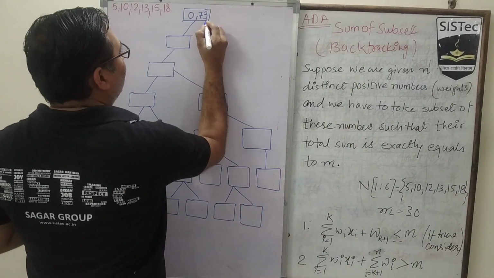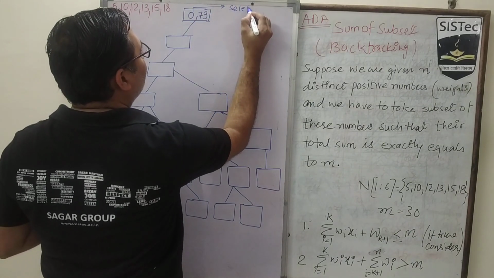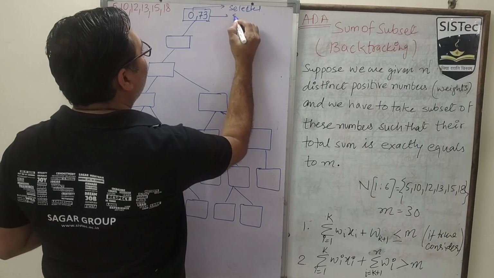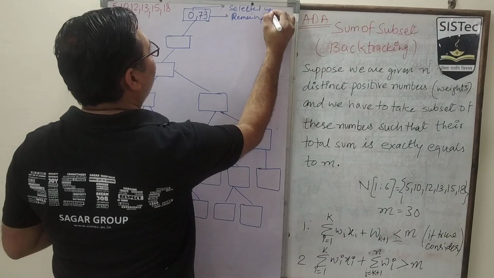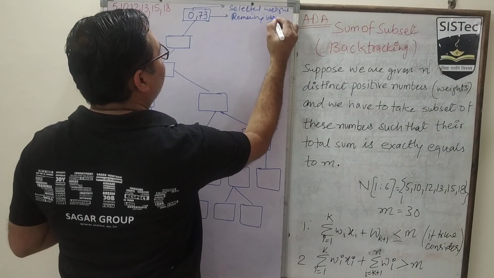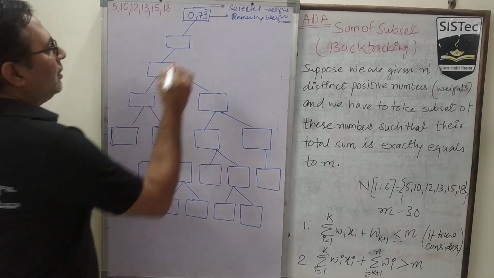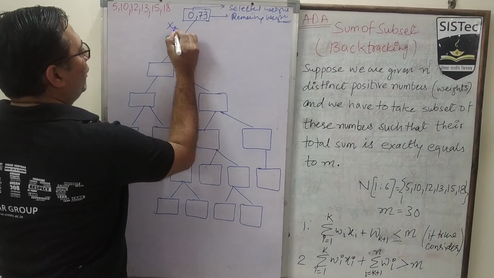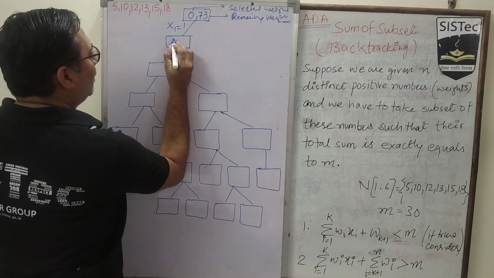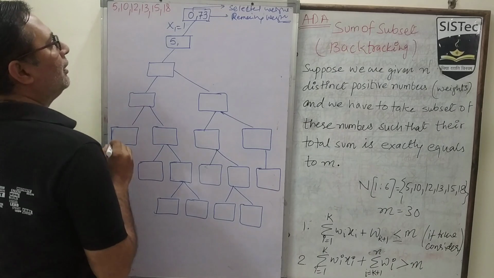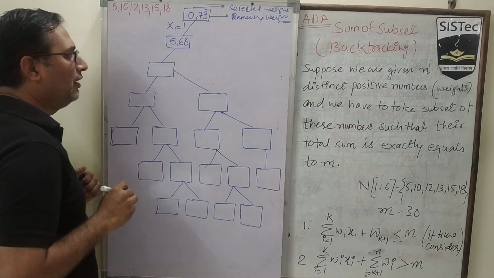You can consider the first value as the selected weights and the second as the remaining weights, which is definitely the sum of the weights. Suppose we have selected the first weight. So x1 is equal to 1. The selected will be 5 and the remaining weight will be 73 minus 5, that is 68.